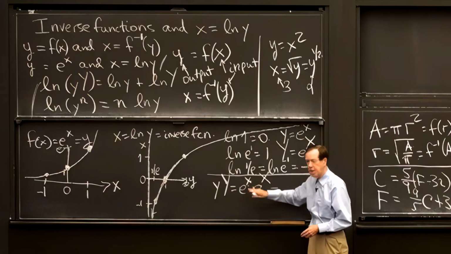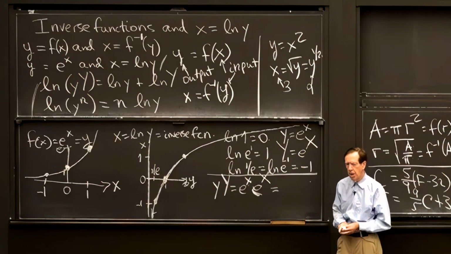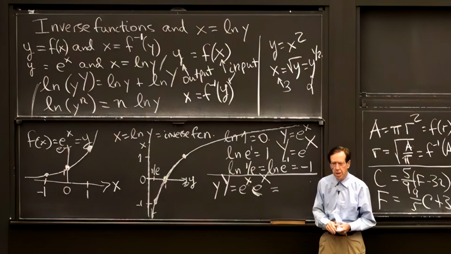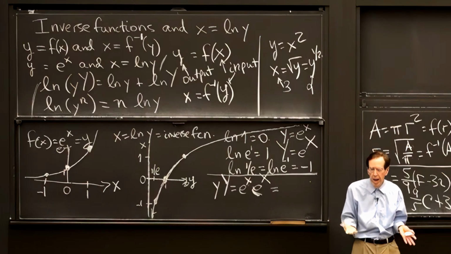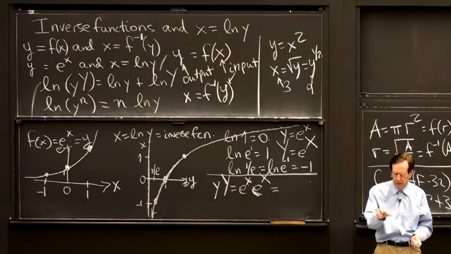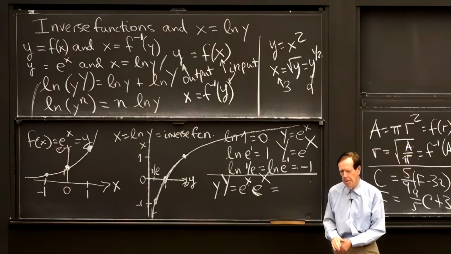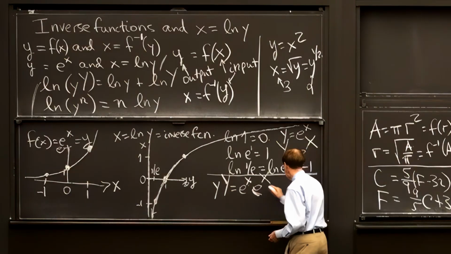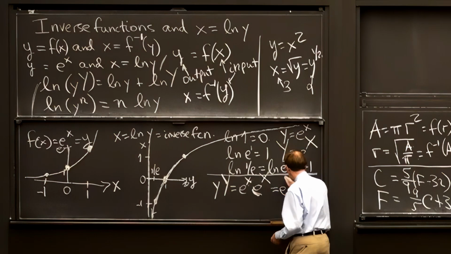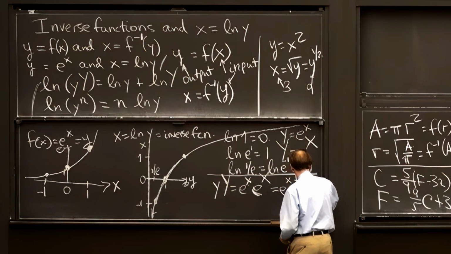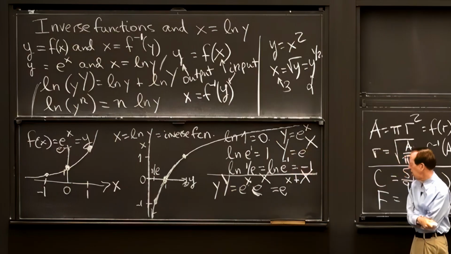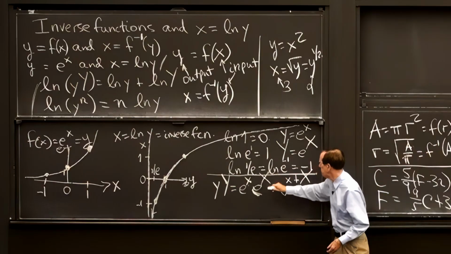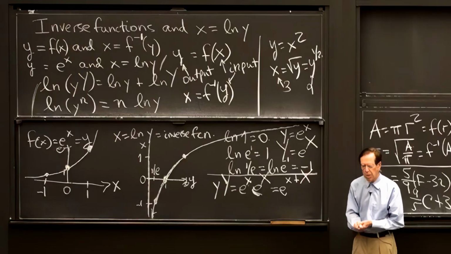Then I have e squared times e cubed, multiplying e times e times e times e times e. Altogether, 5 e's are getting multiplied. I just add the exponents. That's the big rule for the exponential. If I multiply exponentials, I add the exponents.